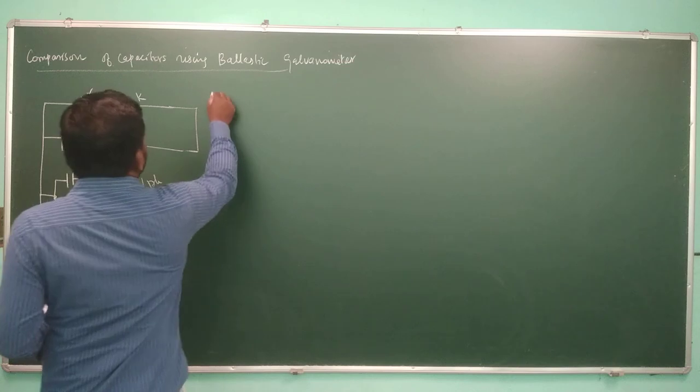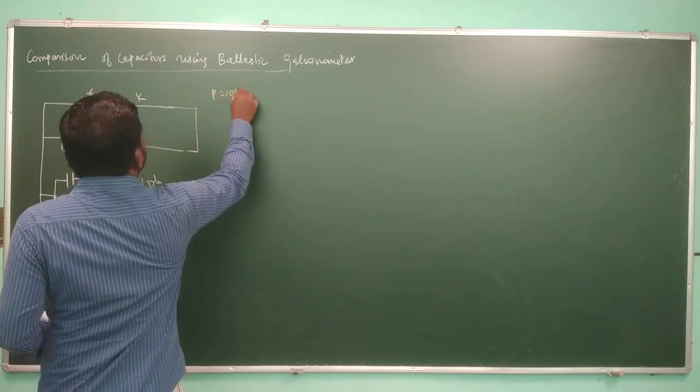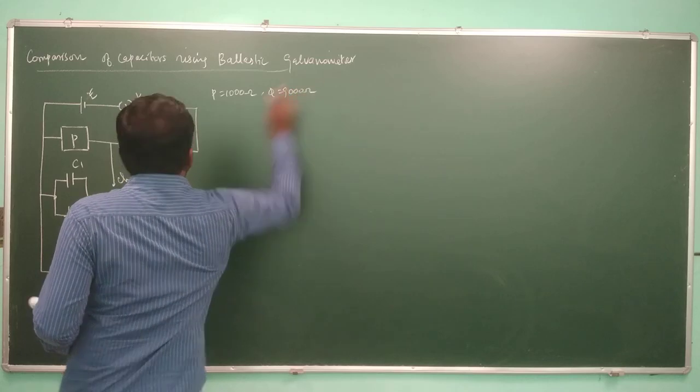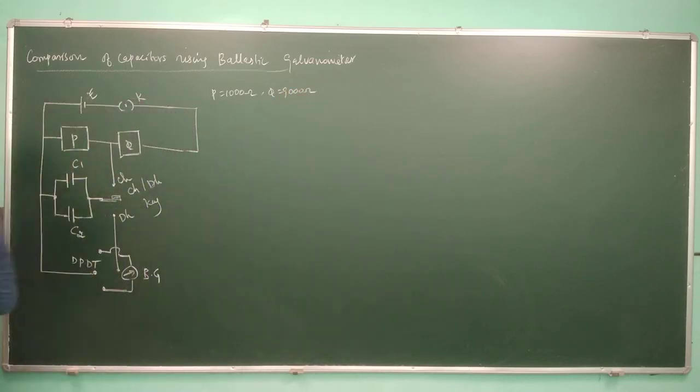So how to do that? Let's put as usual P equal to 1000 ohms, Q equal to 9000 ohms, total equal to 10,000 ohms. Now the capacitor C1 is charged according to the potential difference across the resistor P, right? And from that we can calculate the throw on the left side and throw on the right side, and the average of these two we denote as theta 1.